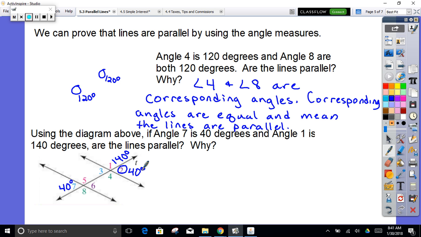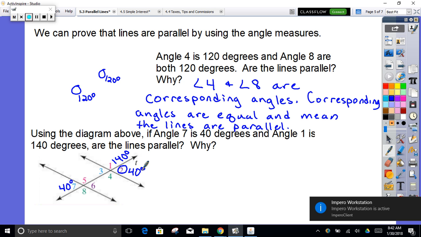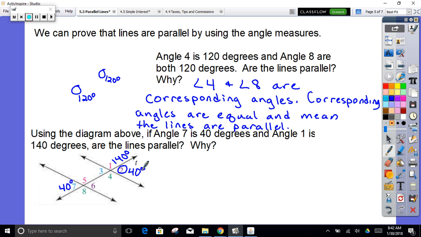Okay, good. Well said. We talked about this a little bit. You can use subtraction because angles 1 and 2 form a supplementary angle pair. So we can find that angle 2 is 40 degrees. Well, angle 2 and angle 7 do form one of those equal pairs. Angle 2 and angle 7 are alternate exterior angles.